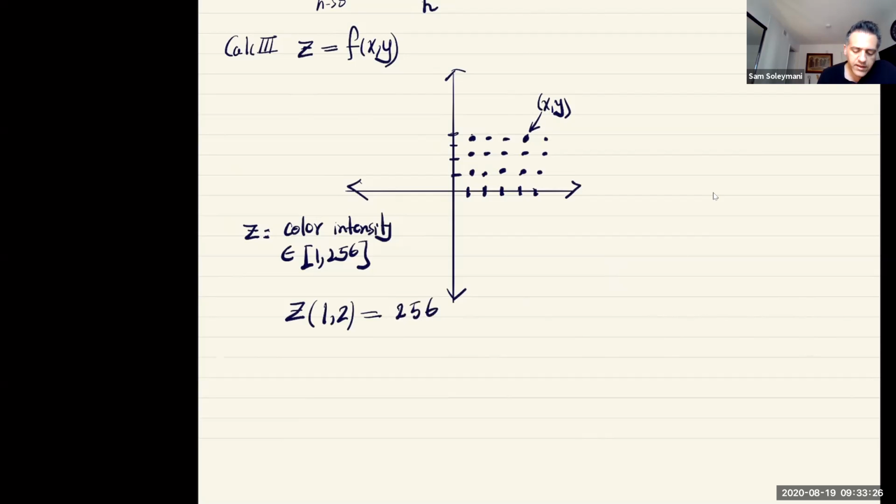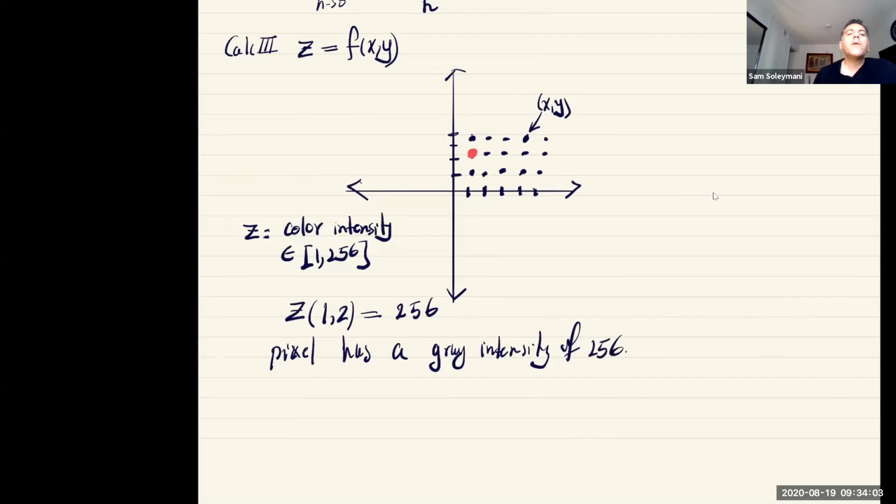It means that the pixel, so we're talking about this pixel right here, (1, 2), has a gray intensity of 256.